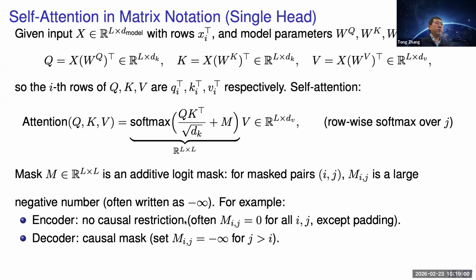In the encoder, because it is bidirectional, everything is 0 because you don't need any attention mask. But in the decoder, you actually have negative infinity or a large negative number, for example, minus 10 to the 9.